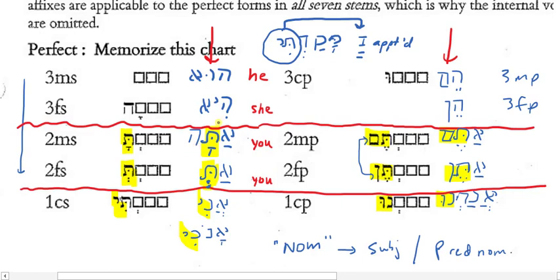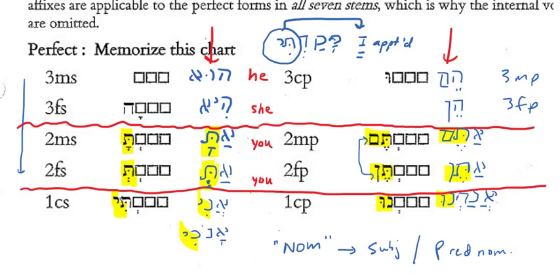Is this a real consonant hey or is it a mater hey? That's right. That is a mater hey. And so if it were spelled defectively, how would it be spelled? Ata would be spelled how? Well, without the hey if it were spelled defectively. Now look at the ta without the hey. It looks just like the ta at the end of the personal ending, you see?